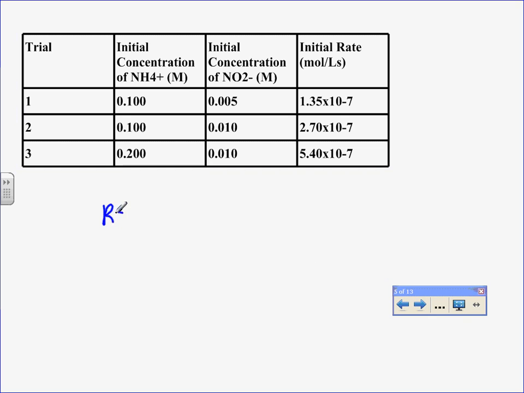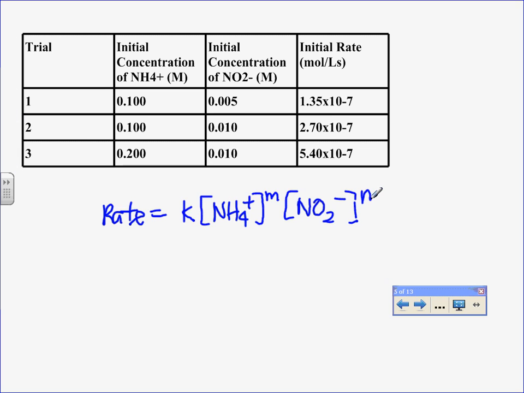So we know that the rate is going to be equal to the rate constant times the concentration of NH4 plus raised to some power times the concentration of NO2 minus raised to some power. The exponents of the reactants each need to be determined experimentally and separately from one another.